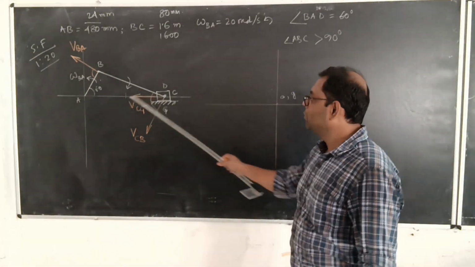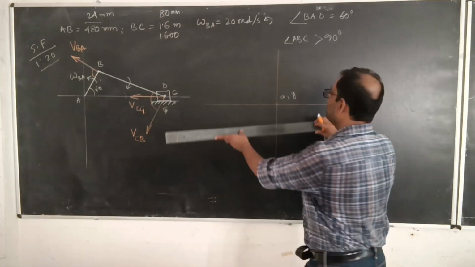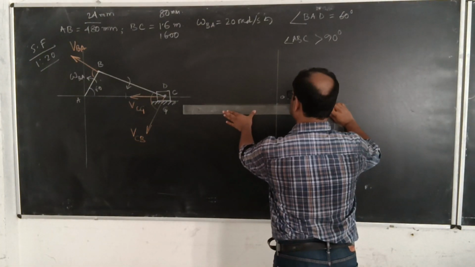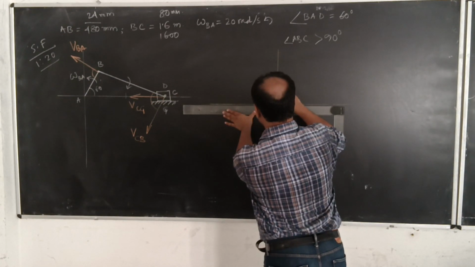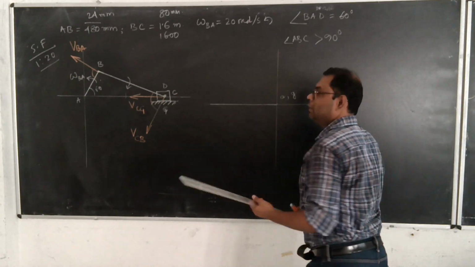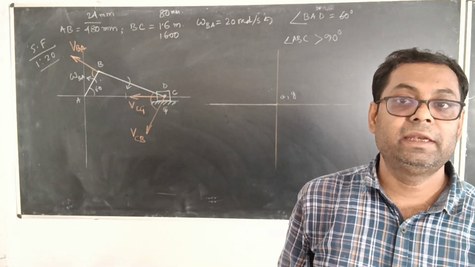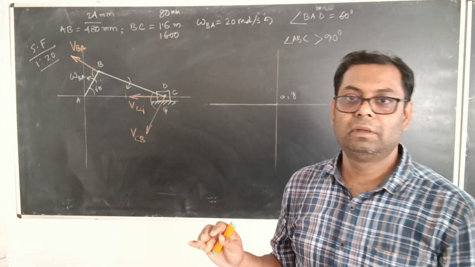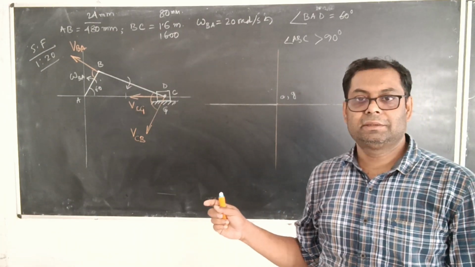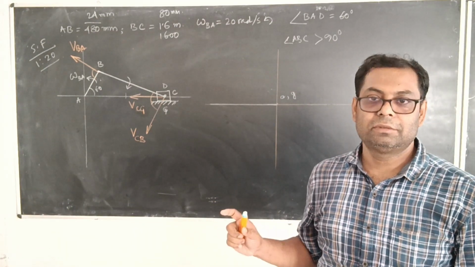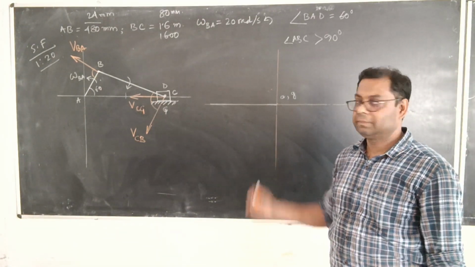Now VCG, which is acting in the left hand direction, so easily we can draw it like this. And this is the line of VCG. This is only the line, because what is the length I don't know. If it is a vector, then I know only the direction, I don't know the magnitude. Okay, so this is the line of VCG.